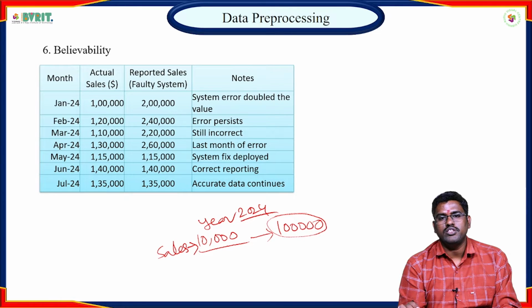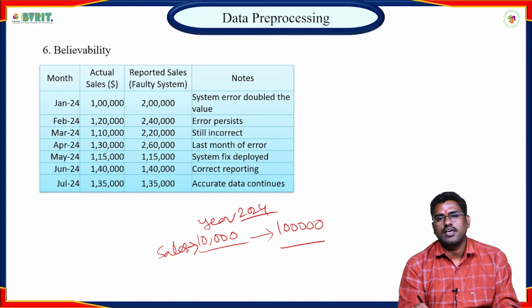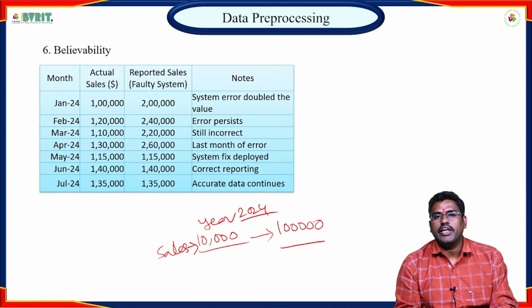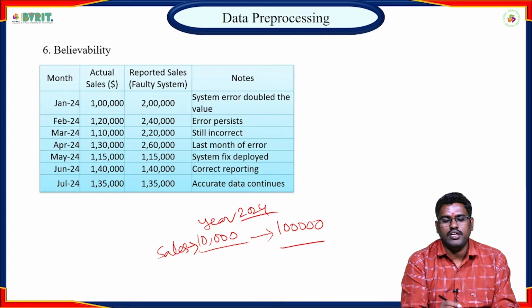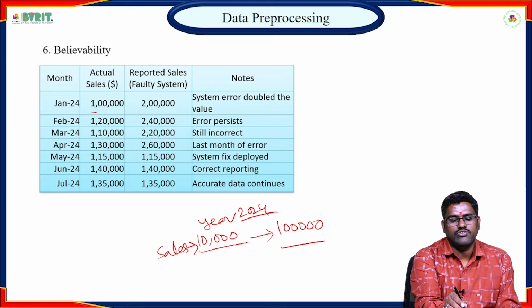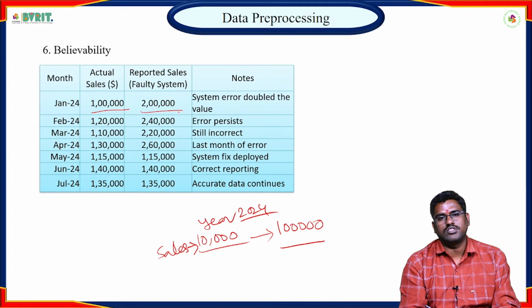Billability means they need to identify whether they got 1 lakh in sales purchase orders or some other amount. Based on that, they need to change it according to the rules we have given. Here, actually the actual sales is 1 lakh in Jan 2024, but in the report they are showing 2 lakhs.